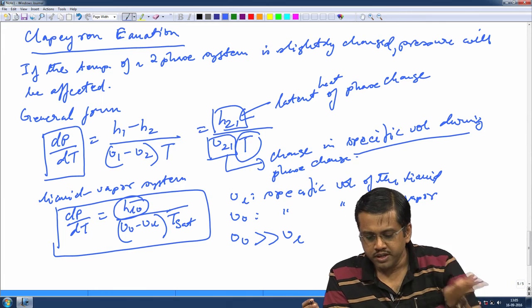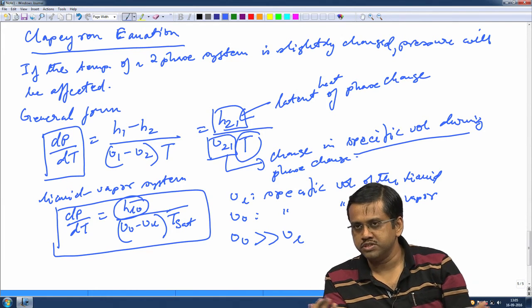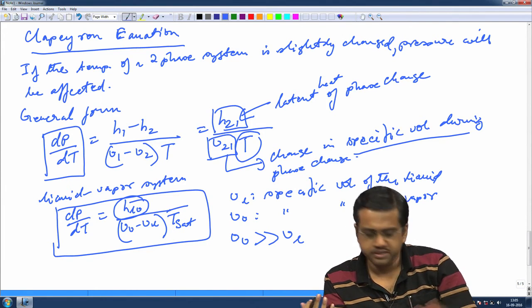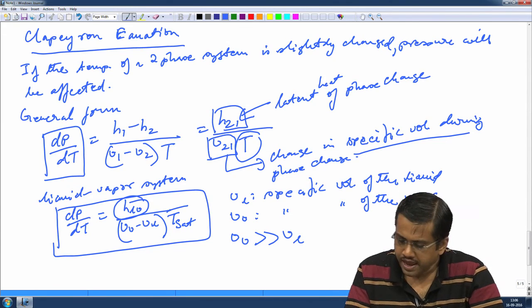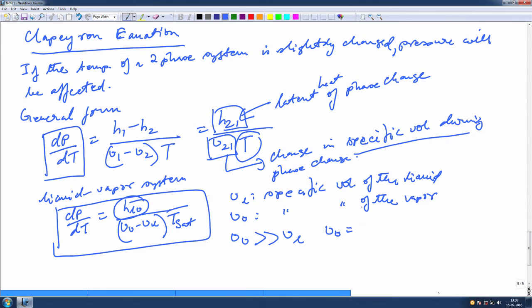So, you have a 1000 times change in volume, for example, for water. Similar things happen for other types of fluids as well. And you can also consider V_v as an ideal gas and write it in that form, which means you can disregard any compressibility effect.